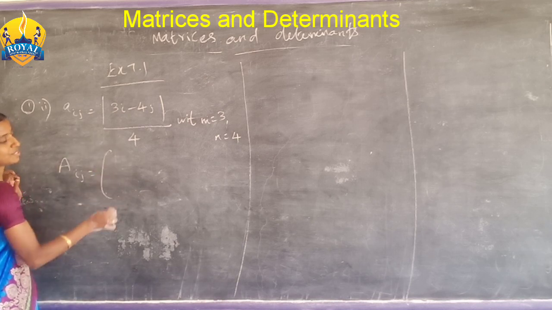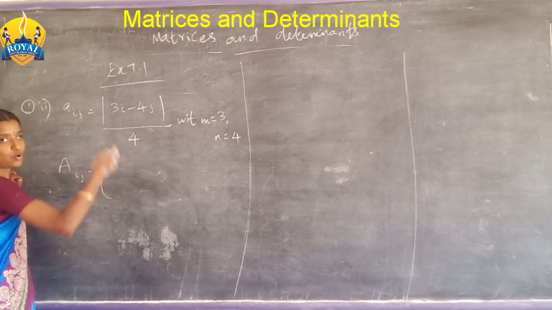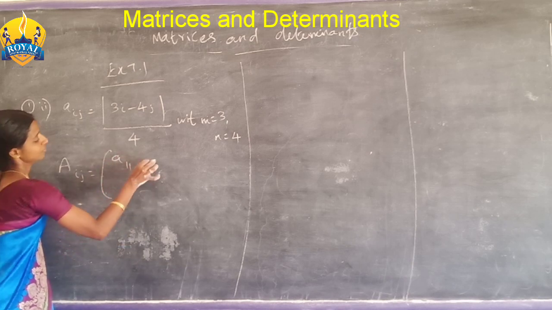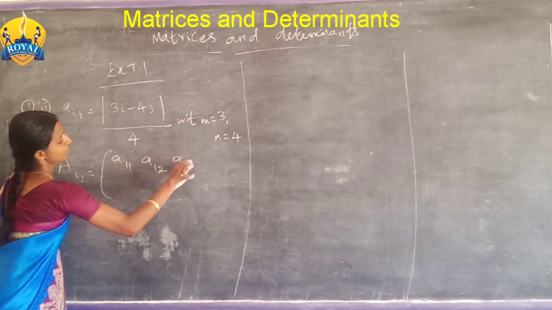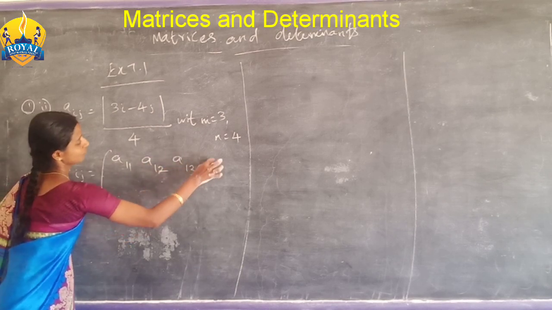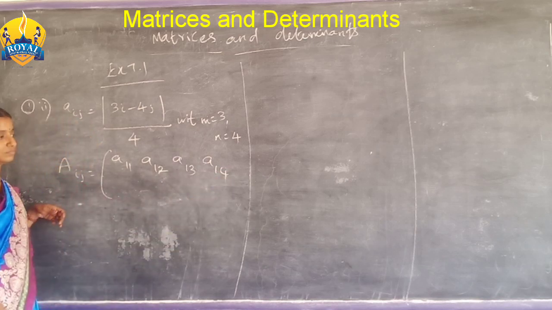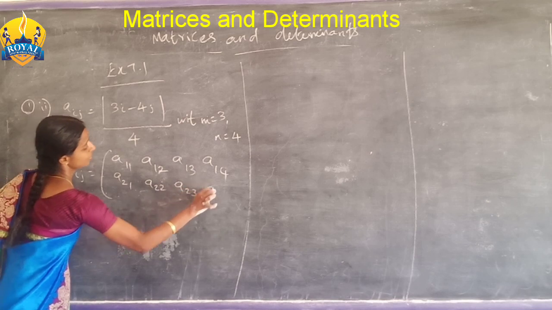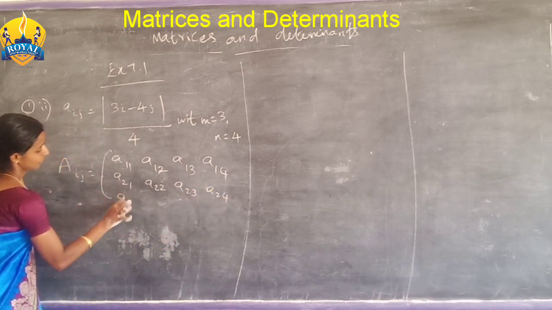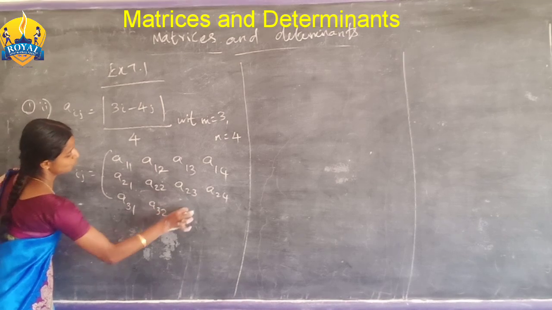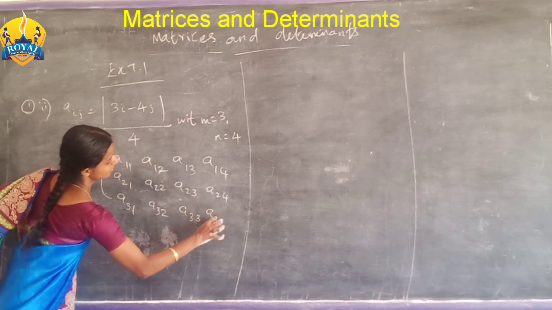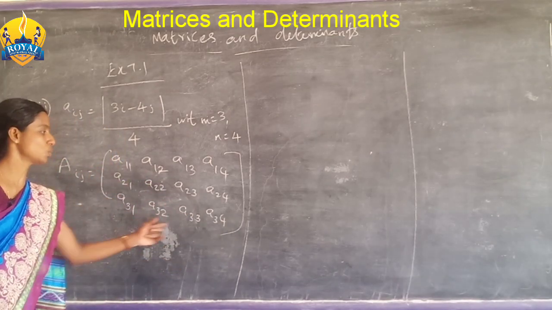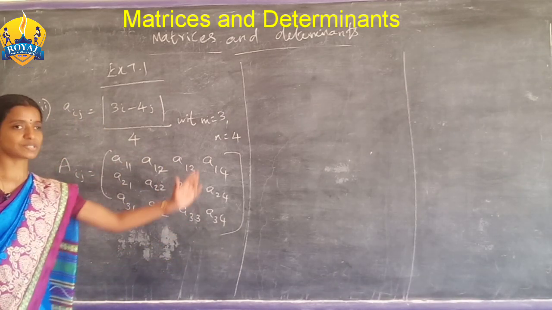It should be A11, A12, A13, A14, A21, A22, A23, A24, A31, A32, A33, A34. I have 3 rows and 4 columns.